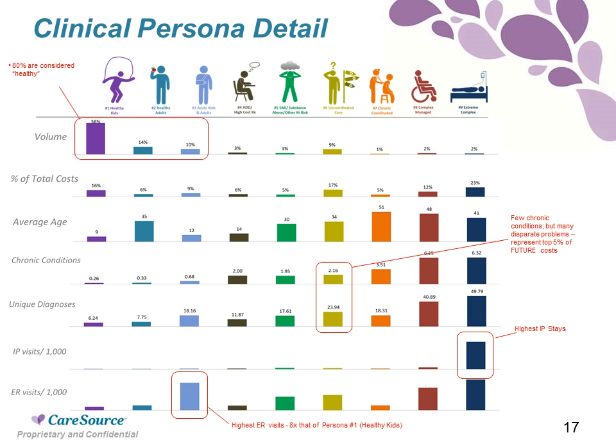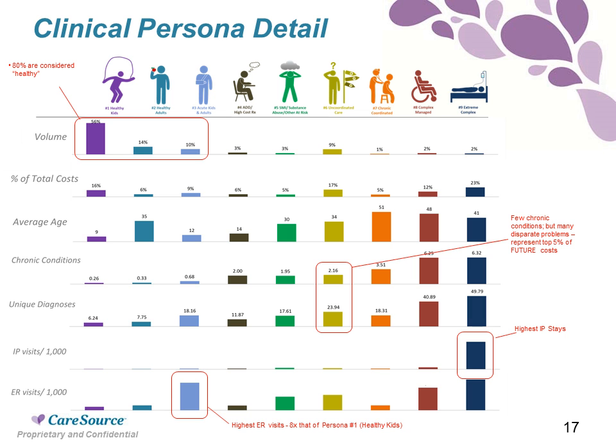You can see that the inpatient visits per 1,000 are significantly higher for that group versus all of the other groups. If you look at the bottom, the light blue bar on the 3rd group, I mentioned that that group has higher ER than their healthy counterparts. It's actually 8 times higher than their healthy counterparts.